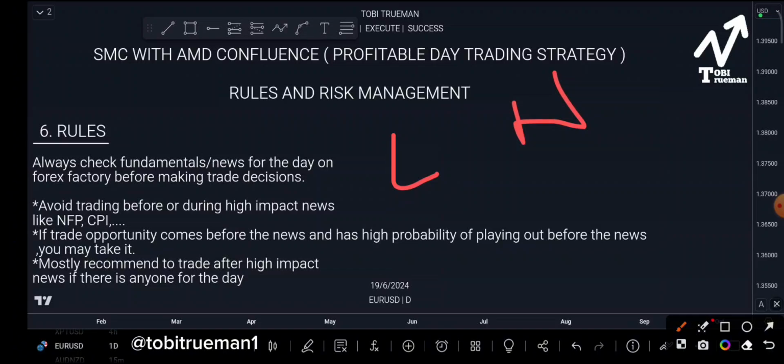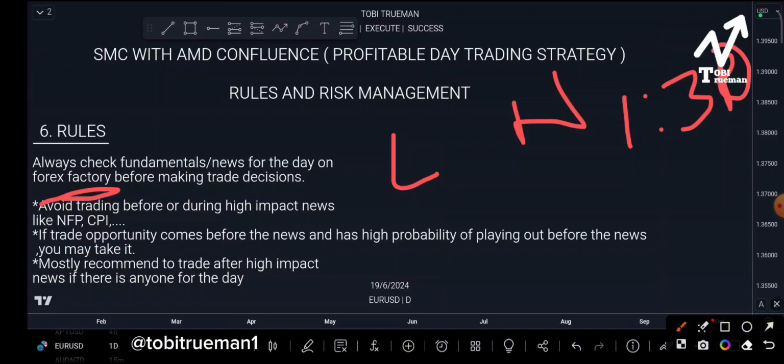But there are sometimes opportunities that might present themselves even if there's news. After checking Forex Factory, you now see that there's news. Most NFP news or CPI news usually happen around 1:30 p.m. That's in the afternoon. So there may be some trade opportunity that may come up.